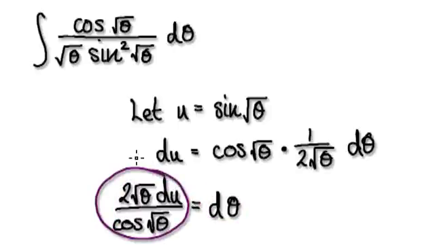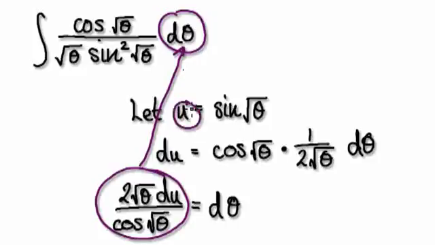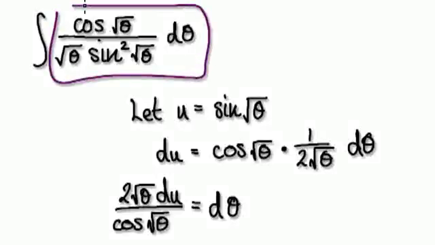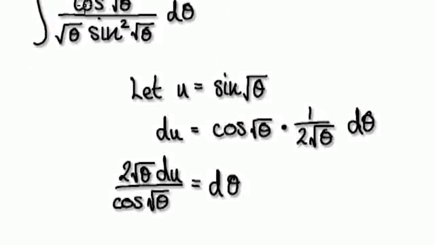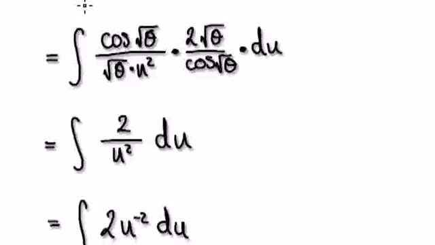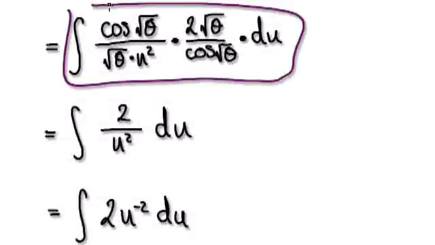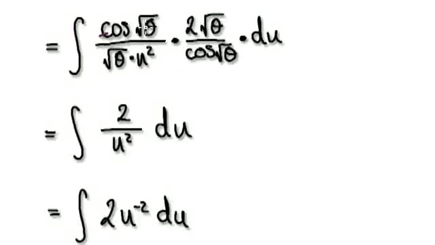Now if you put this into here, and then put the u into here, this whole thing here will become this. Now you can see that this will cancel out with this, and this will cancel out with this.